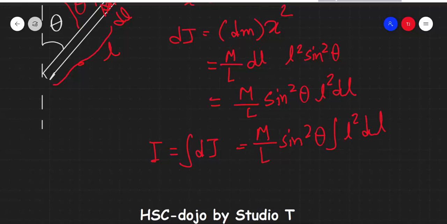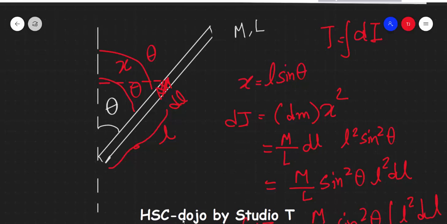Now we have to pick two suitable limits. Let's see, at this end l is 0, because l is the distance of the differential portion from this end, and at the other end l is capital L, because capital L is the length of the entire uniform rod.